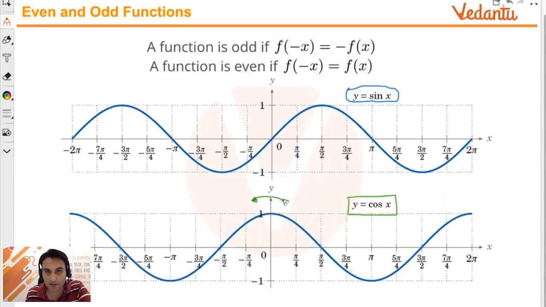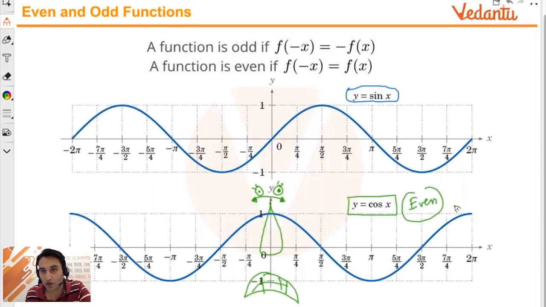It is perfectly symmetrical about the y-axis. So this is even. Anyways, you already know the property that cos of minus x is equal to cos x, right? f of minus x is equal to f x. This property you already know.